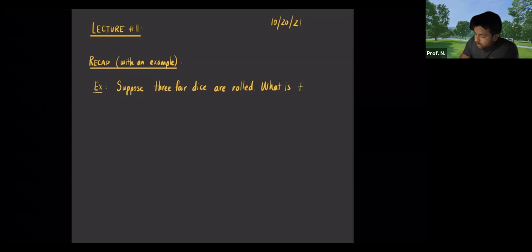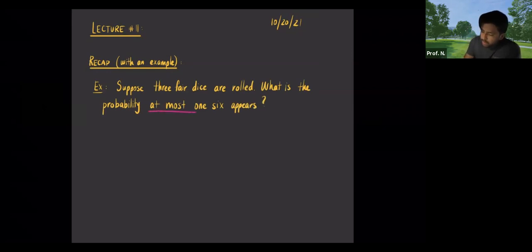What is the probability at most 1 six appears? Key phrase here, at most 1 six appears.